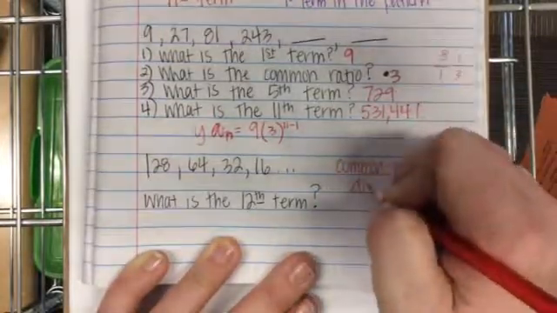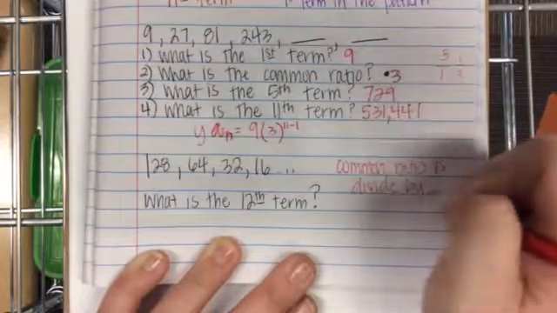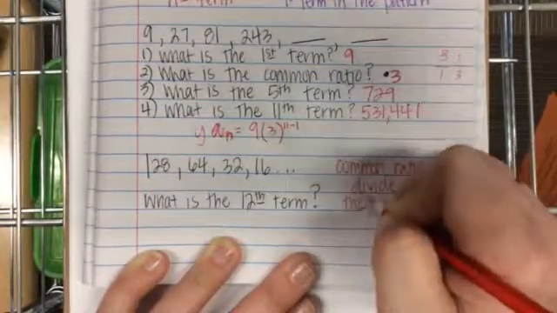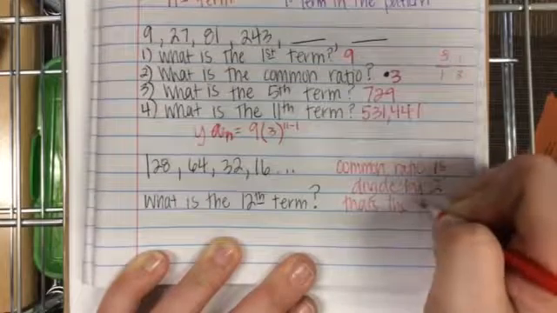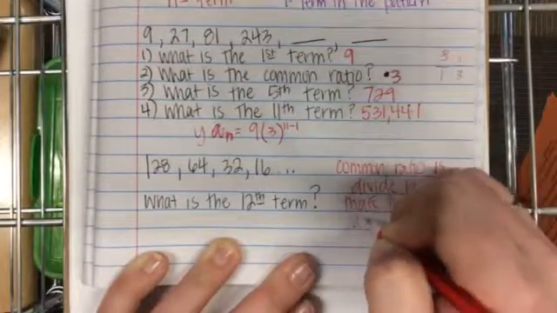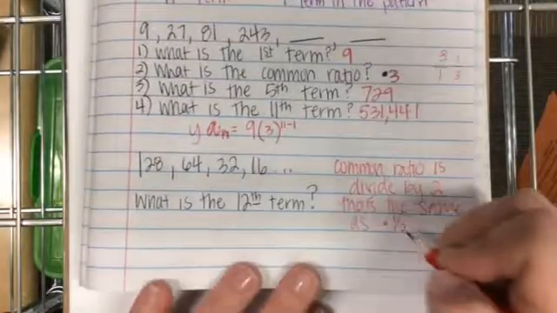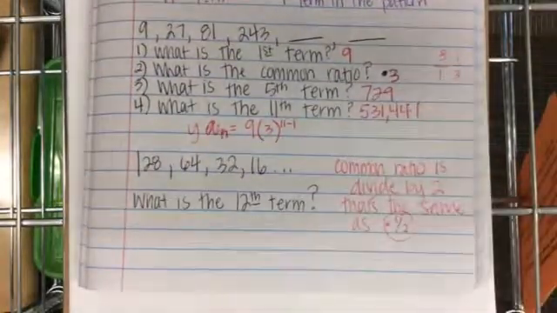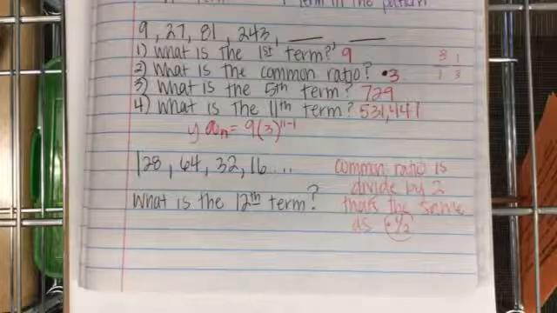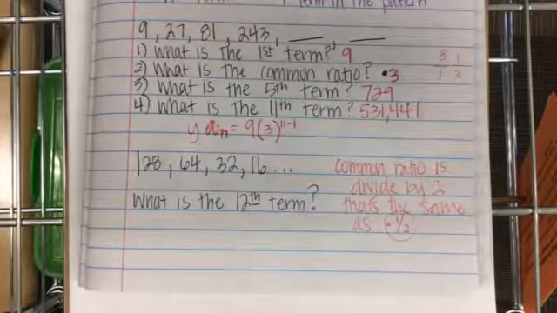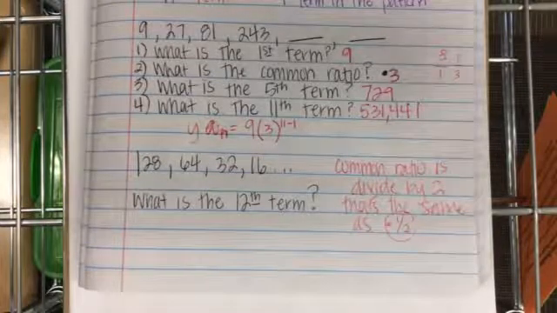So since the common ratio is divide by 2, that's the same as times 1/2. So my common ratio is times 1/2. I don't want to put divide, I want to put times 1/2.